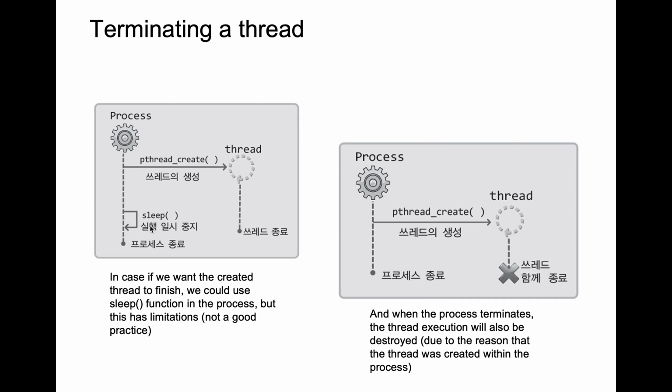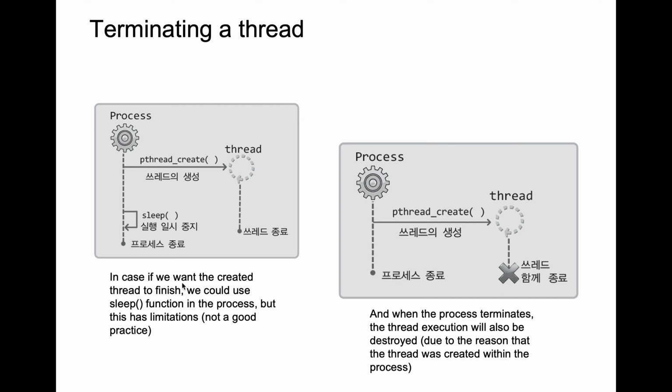It's like the example of the zombie process, if you remember. But it's a little bit different because we are not creating separate processes; we are elegantly waiting for the sub-thread to finish. And after that, we are terminating that process.